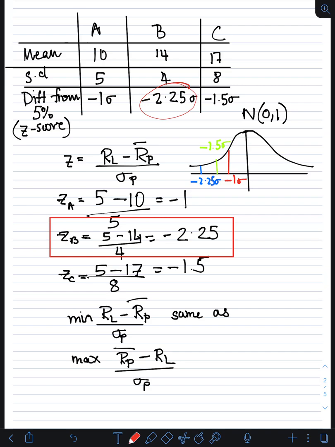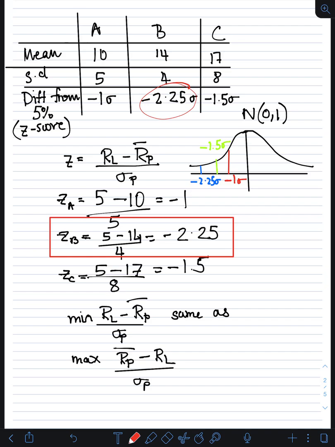Minimizing this ratio, where we take the lower limit minus the expected value of a portfolio, divided by the standard deviation, is the same thing as putting a minus sign on the top and calling it a maximization problem. We're trying to maintain the same format that we've been using in all the different chapters, where we maximized the slope of the efficient frontier and so on in order to obtain the optimal portfolio.